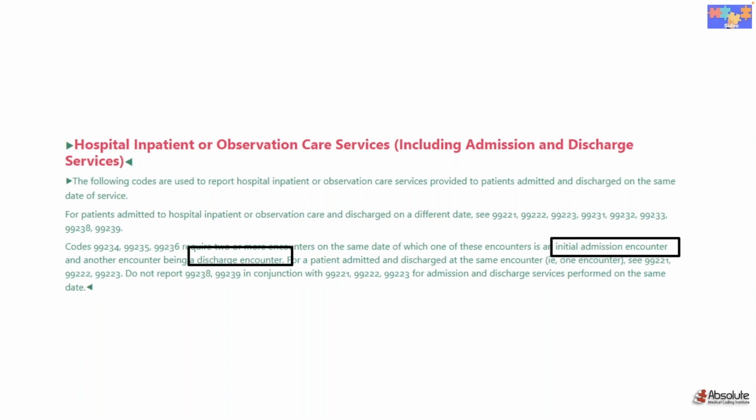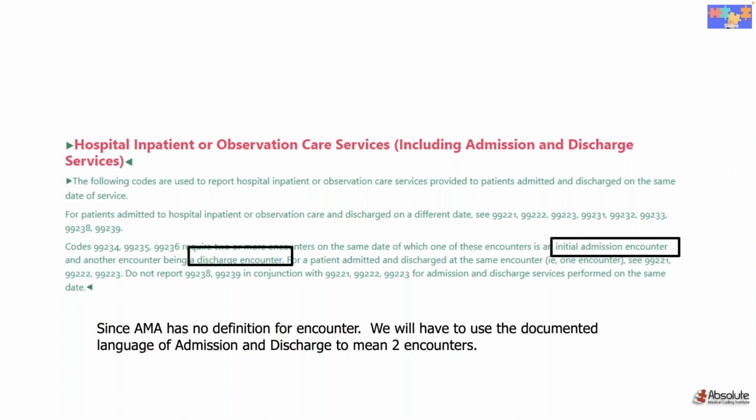So what we've decided to do, since AMA has no definitive definition for encounter, we will have to use the documented language of admission and discharge to mean 2 encounters. Okay? And sometimes in CPT, I see encounter being used synonymously with visit.